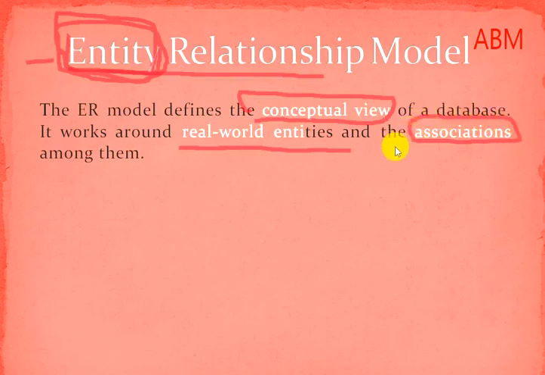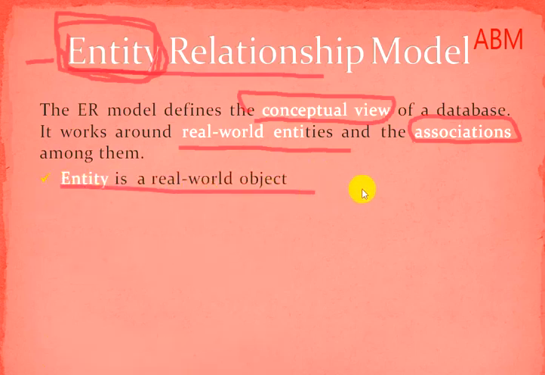For example, I can say the employee works in department. Then you can see that works is actually the association, and the department and the employee are the entity. So entity represents the real world object.